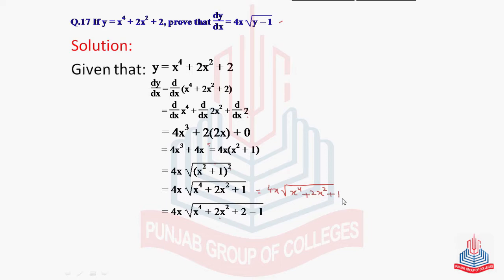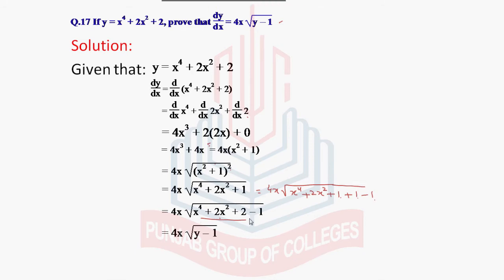Now we apply addition and subtraction of 1, so that will become plus 1 and plus 1 will be 2, and this minus 1 will be as it is. So this is actually our y, the given value. So we have 4x into square root of y minus 1, which is our required result. Hence proved.